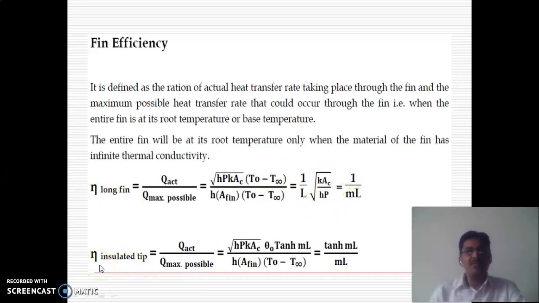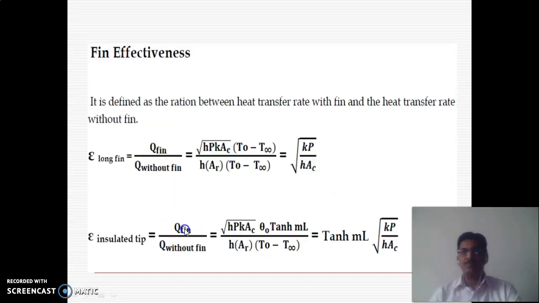Similarly, for the second case, the insulated tip, the efficiency of the fin is equal to actual, which you find by using this. So Q actual divided by maximum possible, you will get the equation tanh(mL) divided by mL. So fin efficiency is nothing but the ratio of your actual heat transfer divided by the maximum possible heat transfer rate.